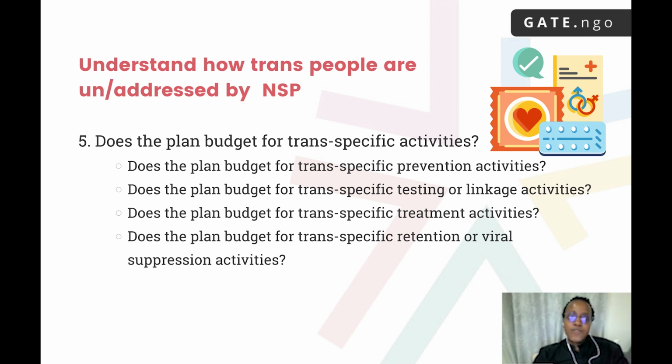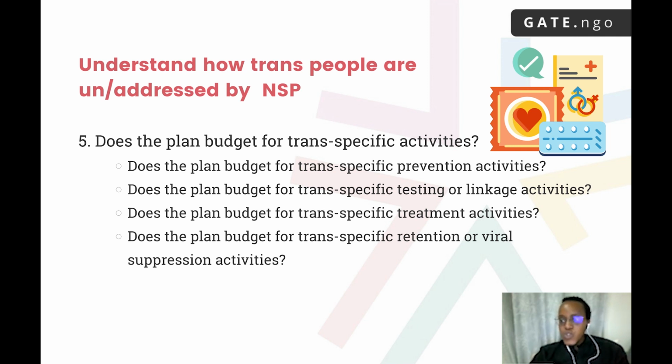We can have great inclusion in the activities, great inclusion in monitoring and evaluation and in data, and still come to implementation and be told that we would have loved to do that, but there's no budget. So we want to look really carefully at this section, that all the trans-specific activities that are mentioned are actually budgeted for, that the monitoring and evaluation activities, for example, are actually budgeted for.